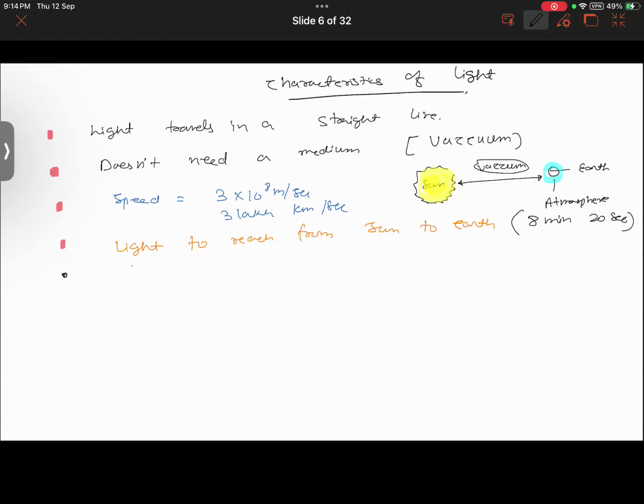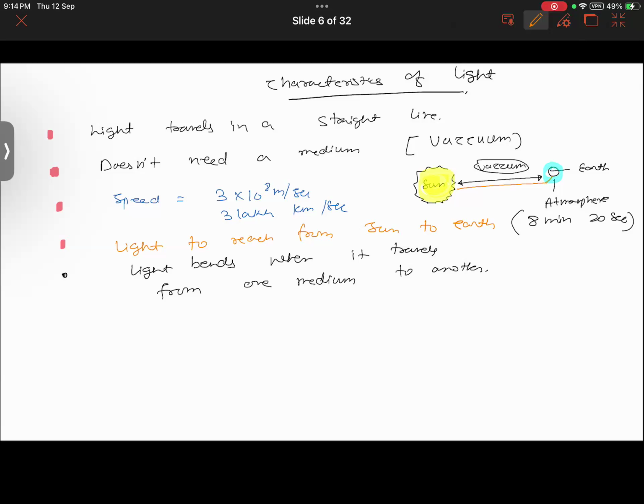So another property is that light bends when it travels from one medium to another. Okay. Now take the case of this one. Let us say that this is a ray of light that is traveling from the sun to the earth.